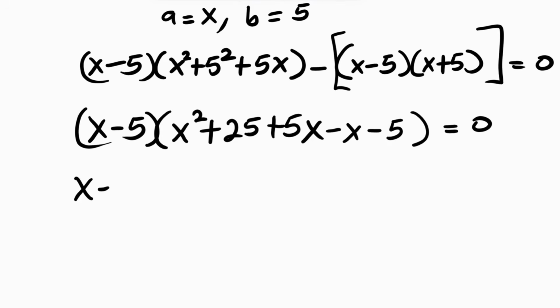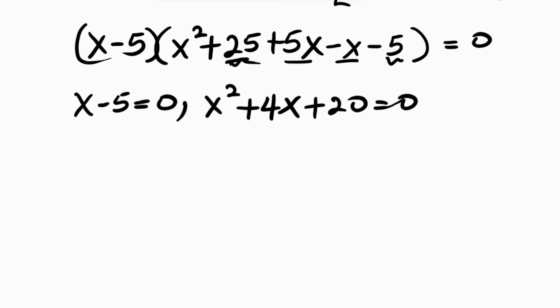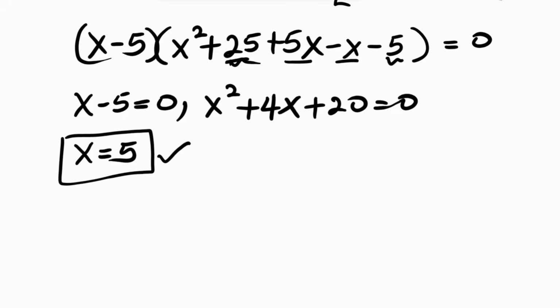So now we have x minus 5 equals 0, and then we also have x squared, 5x minus x will give us 4x, and then 25 minus 5 will give us 20, and all this will be equal to 0. So here we have that x is equal to 5. This is our first value for x.